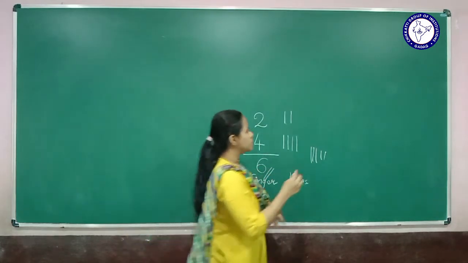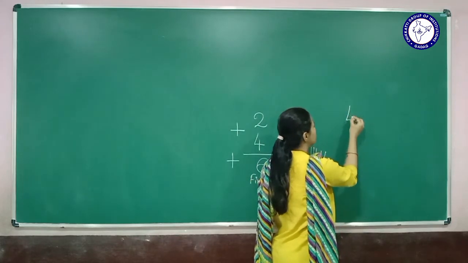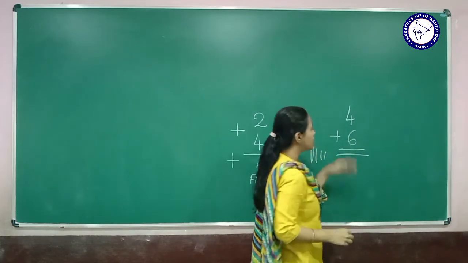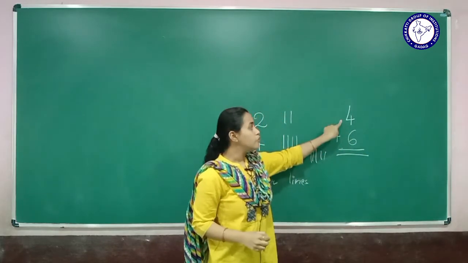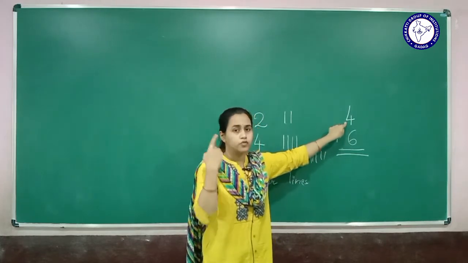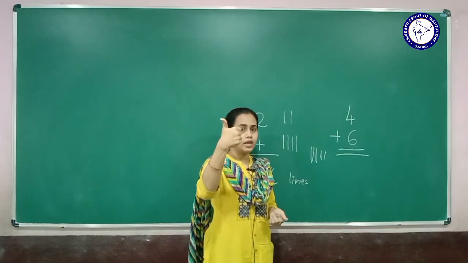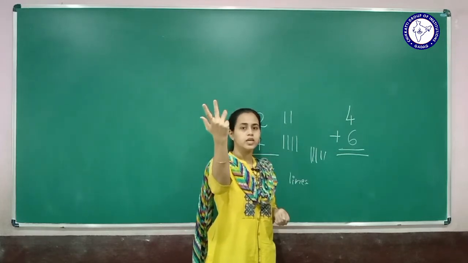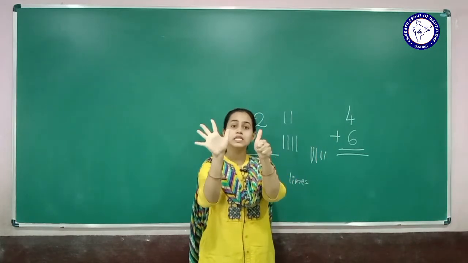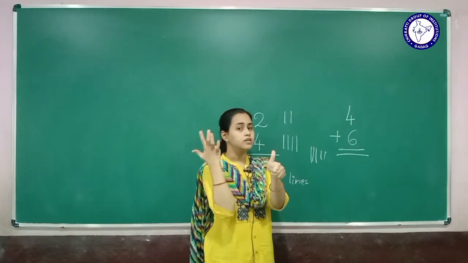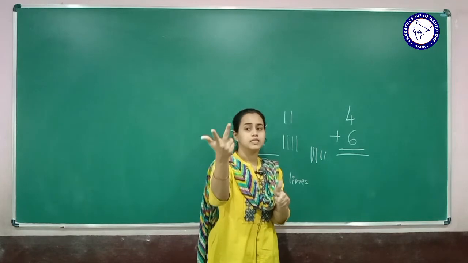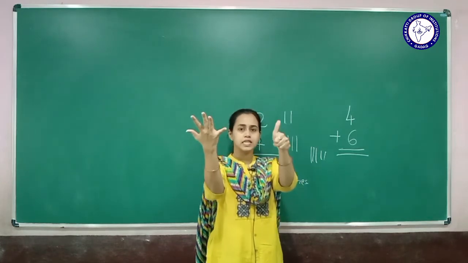One more example. Here 4 plus 6. First we'll do it by keeping in mind. First 4, then 5, 6, 7, 8, 9, 10. How many numbers are on my fingers? 6. How many numbers in my mind? 4. 4, 5, 6, 7, 8, 9, 10.